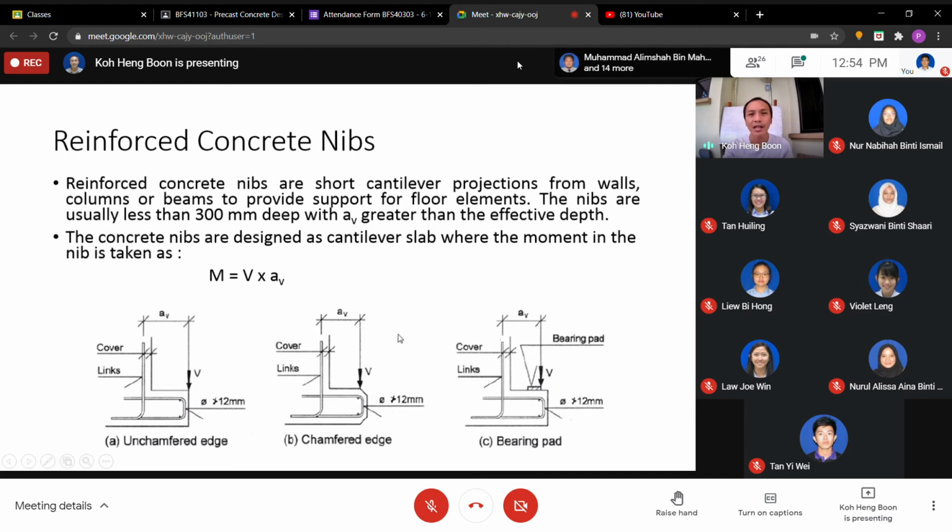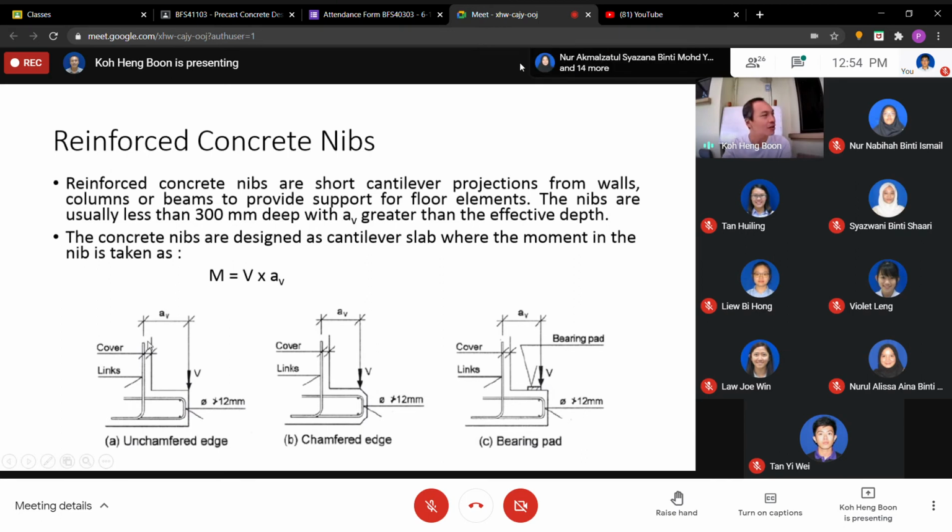When it is a short cantilever, what you do is just calculate the moment. The moment is the vertical load V multiplied by AV. The AV is up to the inner vertical reinforcement here, which means you have to deduct the concrete cover and half of the steel reinforcement.